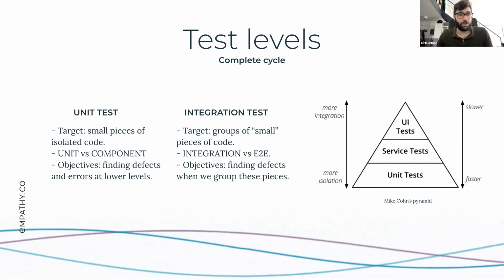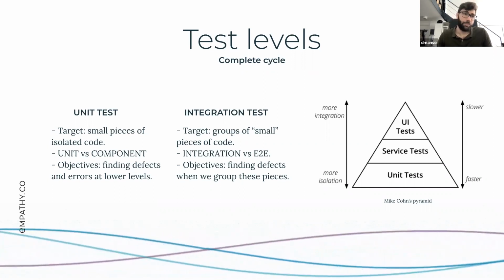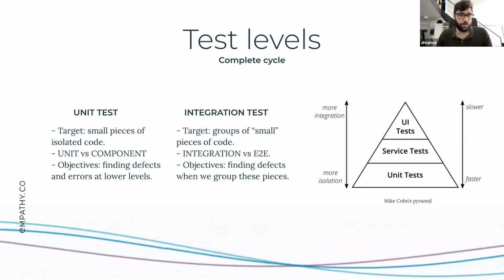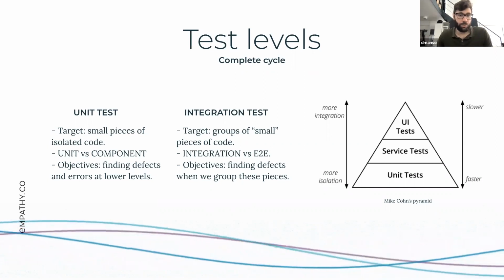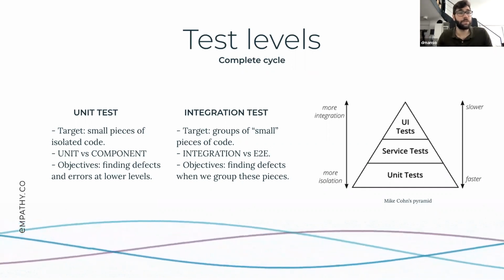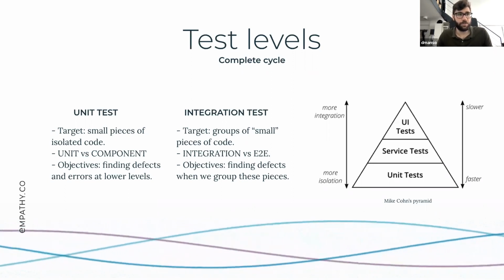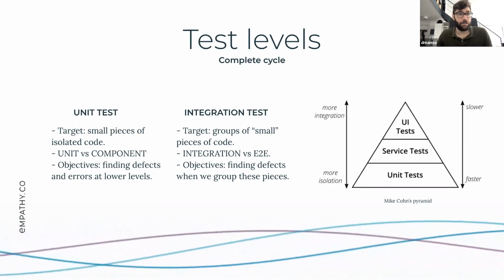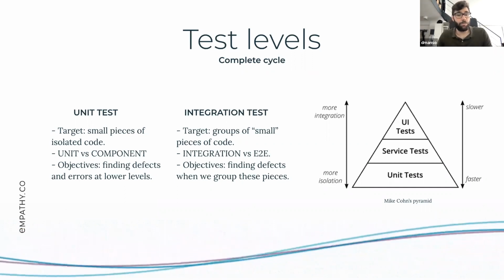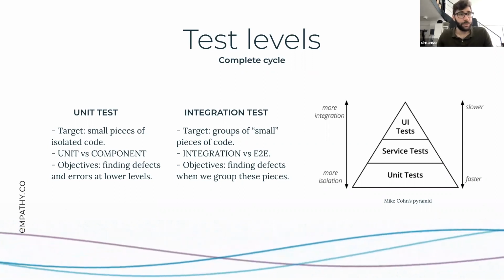This kind of testing is usually done by a developer. And component testing focuses on the functionality. So we do black box testing, in which we test the functionality of the application without peering into its internal structures. And this kind of testing is usually done by a tester.